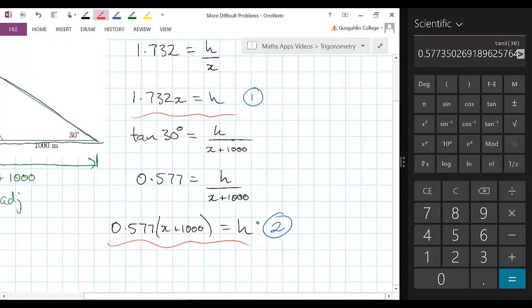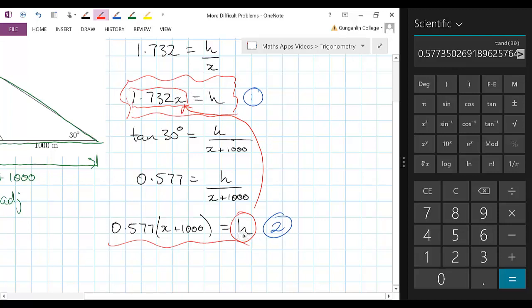So have a look here. This statement is saying that 1.732 times x is the same number as h. And in reverse, h can be replaced by 1.732x. So that means I can replace this h in this other equation with this bit here from this equation. Because this equation says these two are equivalent, so I'm going to replace this with this, if that makes sense.